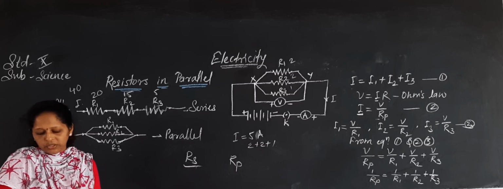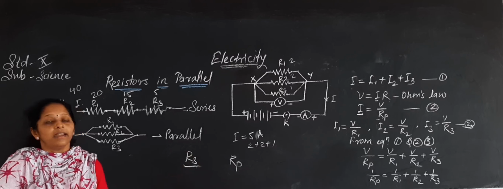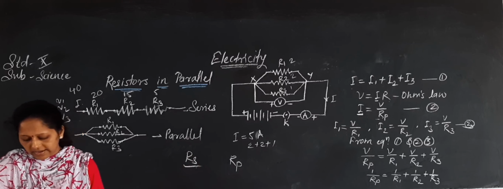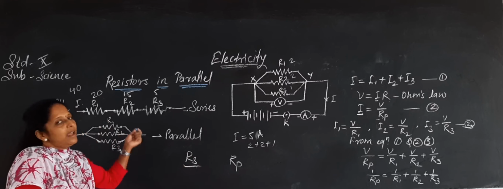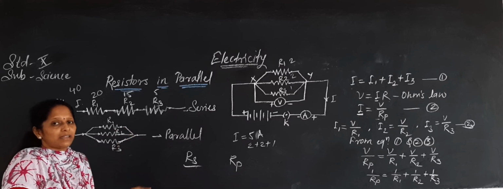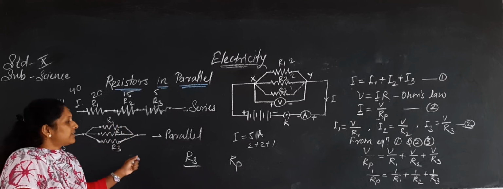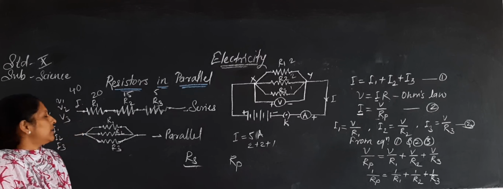This is helpful particularly when each gadget has a different resistance and requires a different current to operate properly. When we join a parallel combination, each resistor gets a different current, so it is good for working.